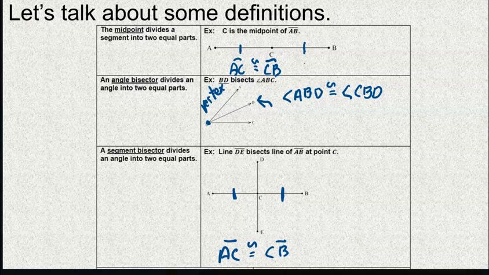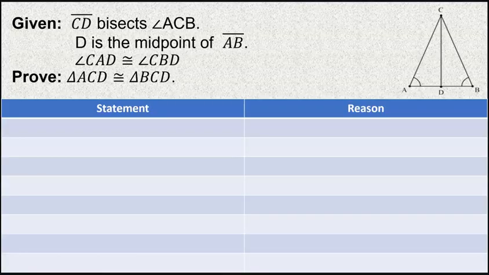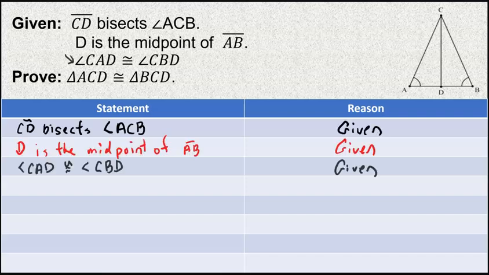Okay, let's take a look at the next example. Okay, this is a very unique proof. It's a proof designed just to showcase the difference between a bisector and a midpoint. So, just as I've done in my other proof videos, I am going to copy down the given before I try to handle the problem. I don't want to address the first 2 givens yet. So, I want to get off my plate angle CAD is congruent to angle CBD.